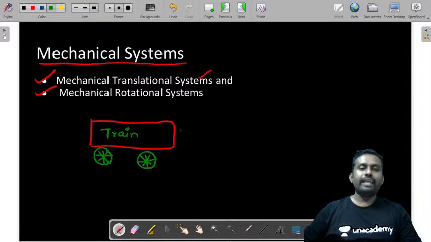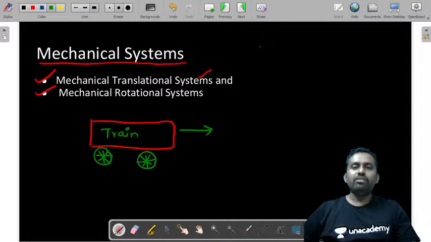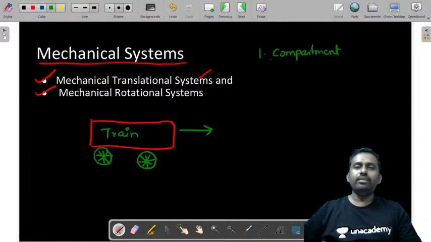Let us consider a train that is moving. There are two things that I want you to keep in mind: there is a movement of the compartment of the train, and there is a movement of the wheels of the train.